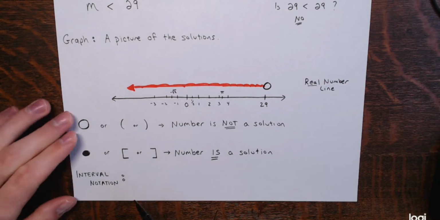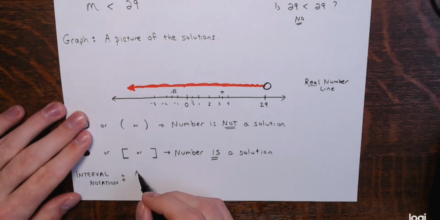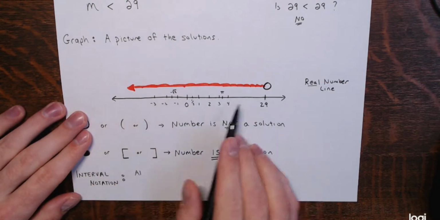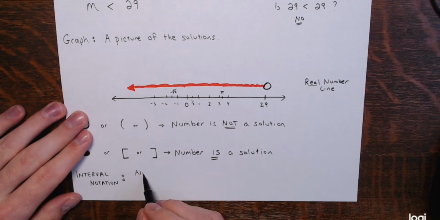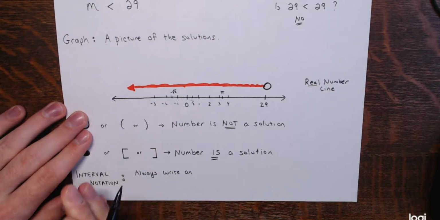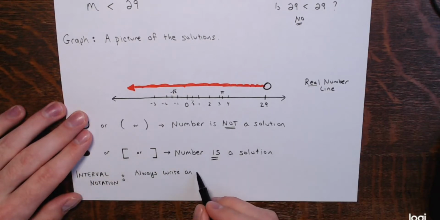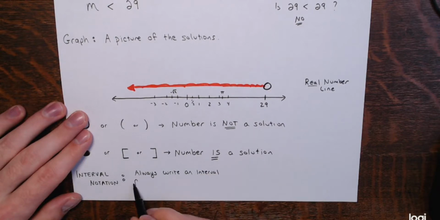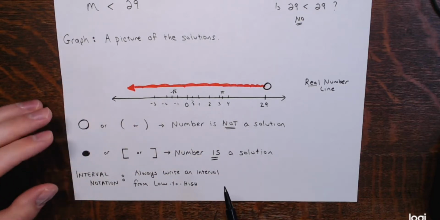You always write an interval from low to high, from left to right. Or in this case, again, from left to right. So how intervals look.